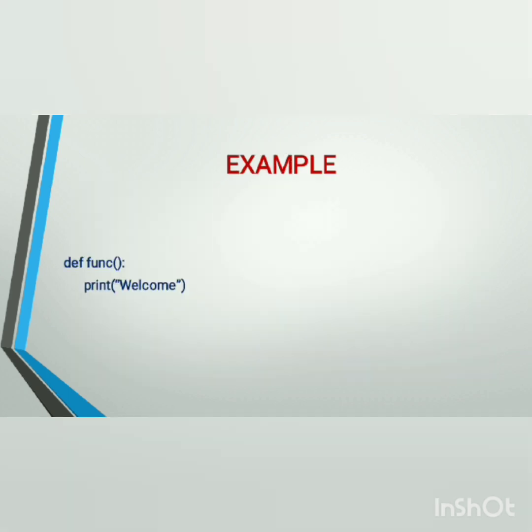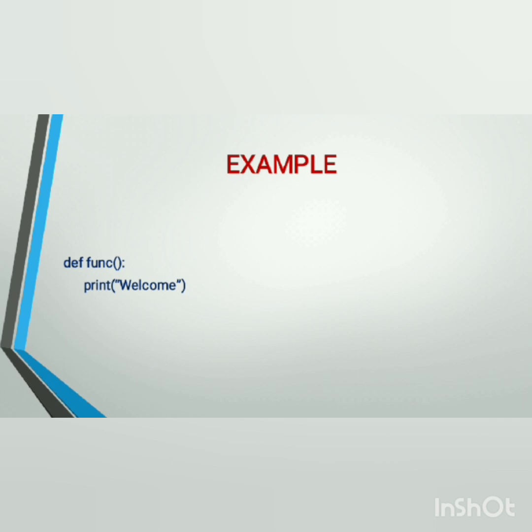So now we will see the example. See here, def is a keyword, right? func is the function name. Here what is the function name I am giving? func, whatever you like. After that you are giving parenthesis. Within the parenthesis I am not giving any parameter, so I have given an empty function.